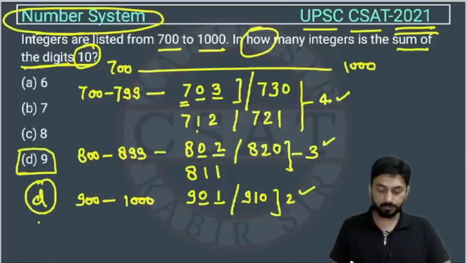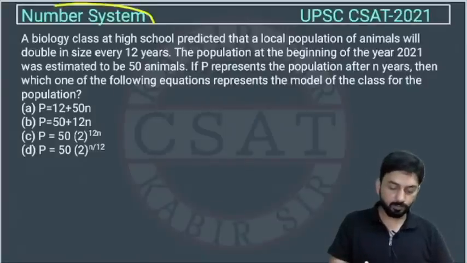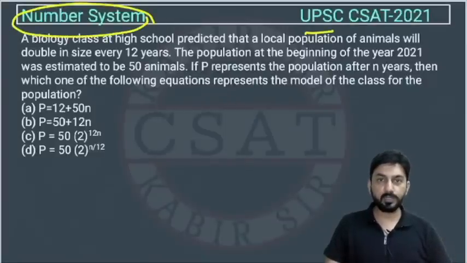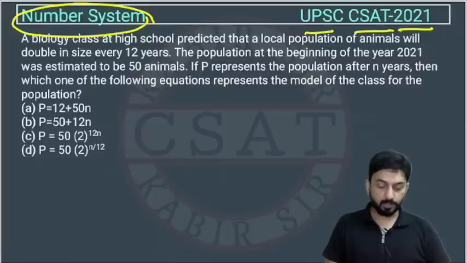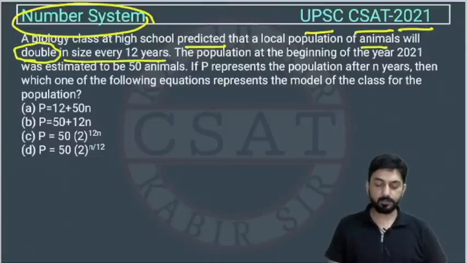This is a question from the number system chapter asked by UPSC in the CSAT paper of 2021. A biology class at a high school predicted that a local population of animals will double in size every 12 years. Right? So the animal population is doubling every 12 years. The population at the beginning of the year 2021 was estimated to be 50 animals.